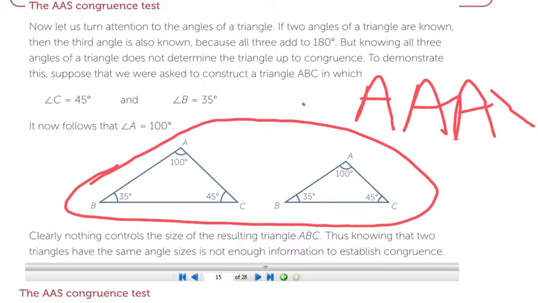In these two triangles, although the angles are the same, 35, 45 and 100 in both triangles, we can see that the triangles are not the same size. So they are not equal and therefore they are not congruent. So angle is not a congruence test. Angle side, however, as we'll see in the next slide, is a test of congruence.